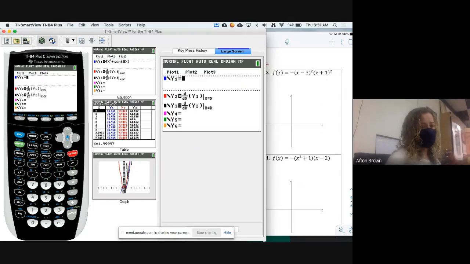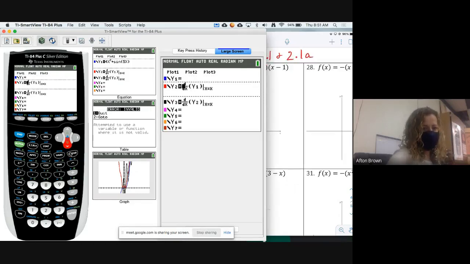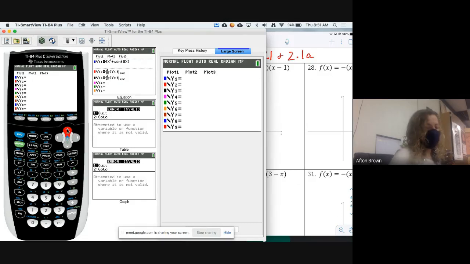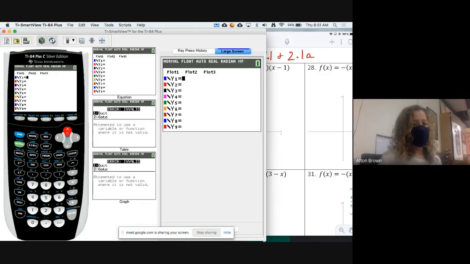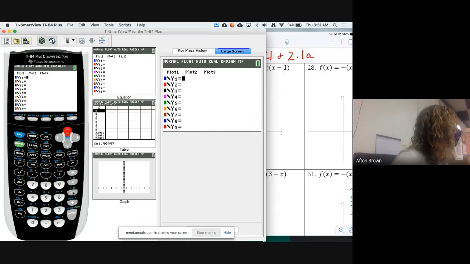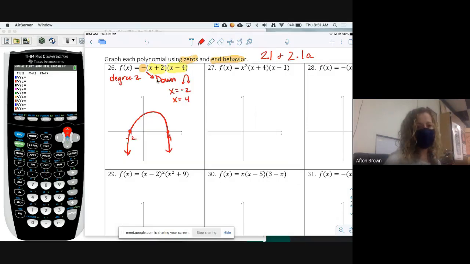Right now, make sure your calculator's set so that if you have issues, you clear them out. Mine had a bunch of stuff in, so I'm clearing everything out. I'm going to go to y1 and enter the equation. On your calculator, there's the little negative, and then there's the minus. Which one do we put on this equation? The little negative. When it has the negative in front, that's the little negative.